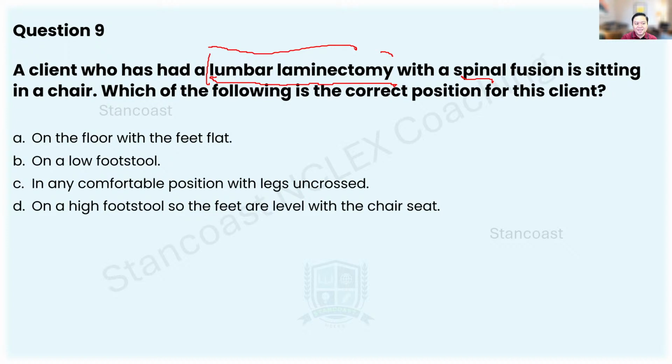Is it A, on the floor with the feet flat, B, on a low footstool, or letter C, in any comfortable position with legs uncrossed, or letter D, on a high footstool so the feet are level with the chair seat? So which of those is appropriate for this patient with laminectomy in the lumbar site?